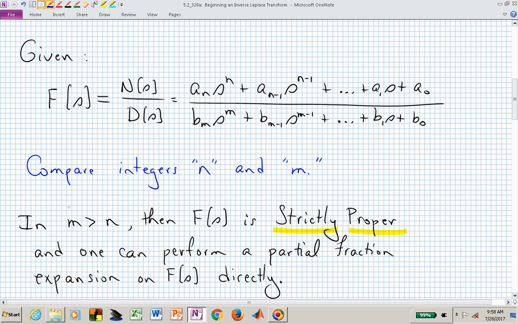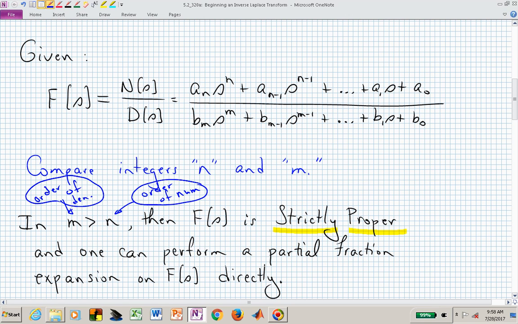This is the order of the denominator, and we are making sure that the order of the denominator is strictly bigger than the order of the numerator.